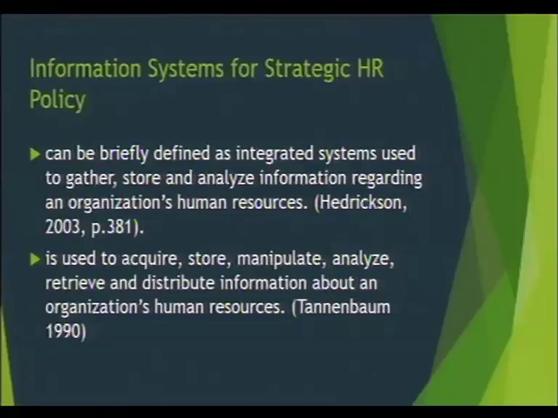So let's start by defining what information systems for strategic human resource policy is. This can be defined as an integrated system used to gather, store, and analyze information regarding an organization's human resources.